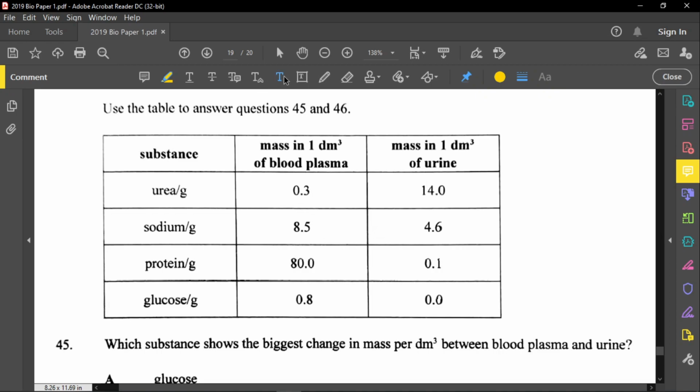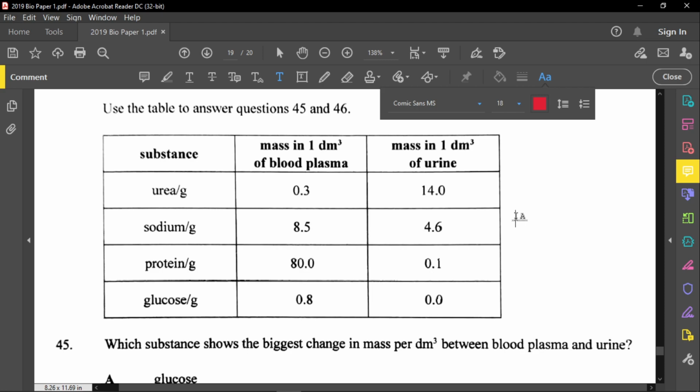The difference will be 8.5 minus 4.6. Okay, and that will give us 3.9. So we get 3.9 as a difference.